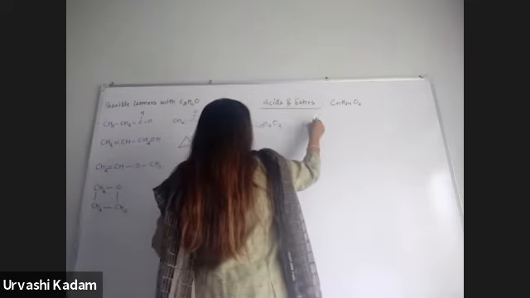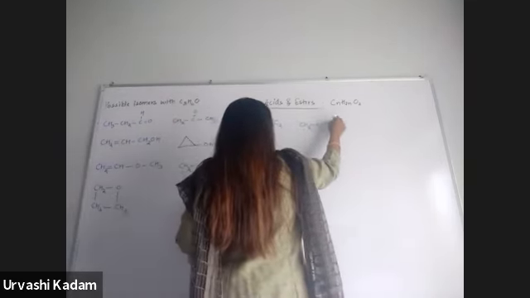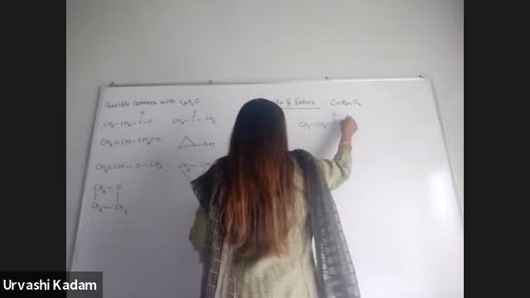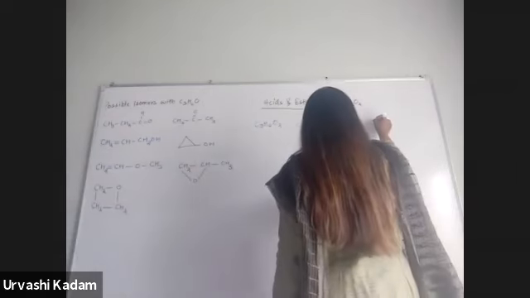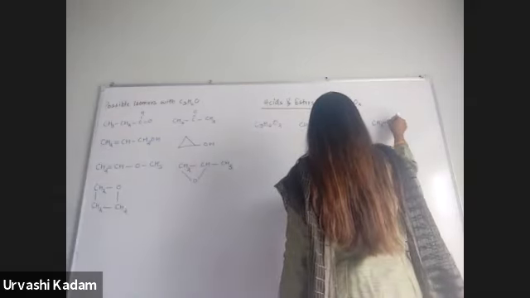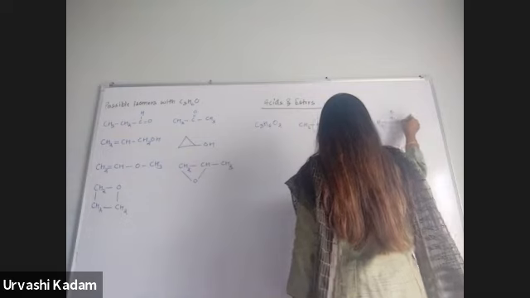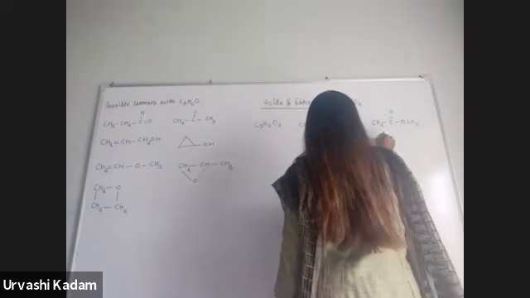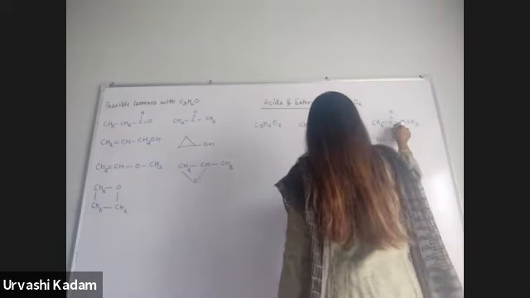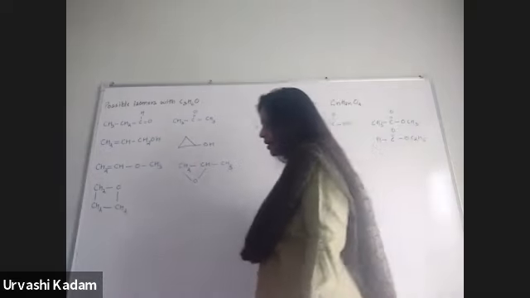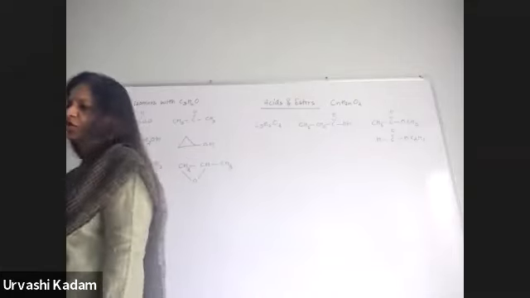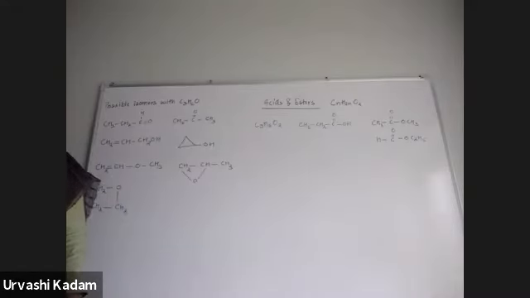So I will have a carboxylic acid of 3 carbons and an ester with 3 carbons. Or I can write a formate ester. Carboxylic acid and ester are functional isomers of each other. They have the same molecular formula, but they do have different functional groups.